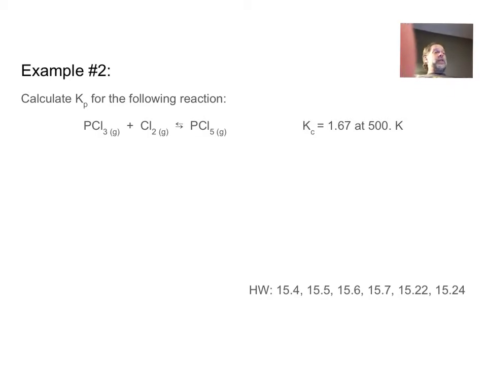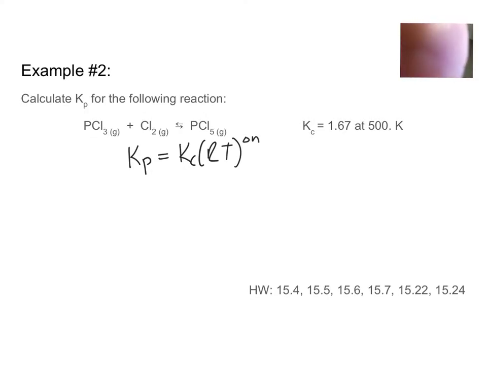The very first thing we are going to do is take Kp equals Kc times RT to the change in N. In this case, we know that the Kc value is 1.67 at 500 Kelvin, and we know R is 0.0821 liters atm per mole per Kelvin.